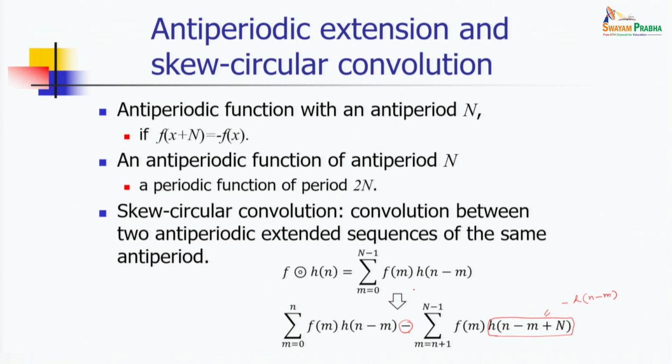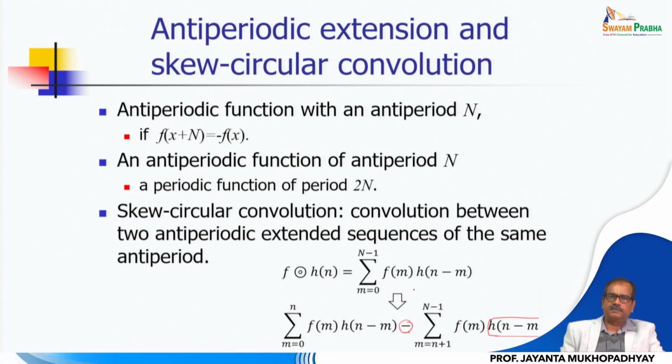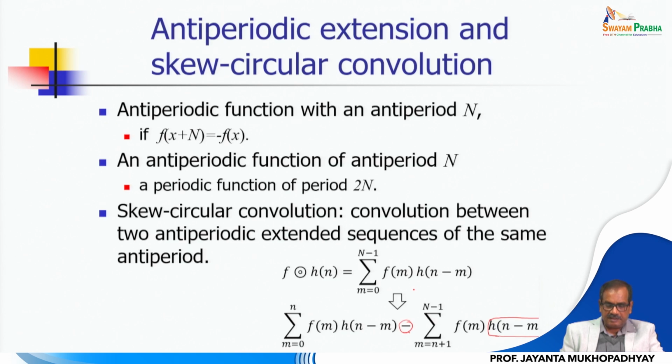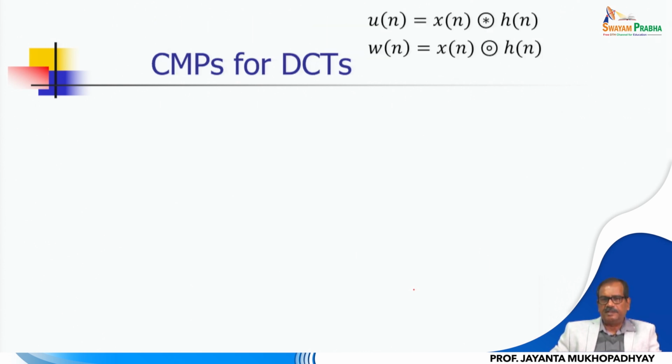So, for antiperiodic signals and the skew circular convolution, the convolution multiplication property once again holds in this form. We can see that for some of the transformations the convolution multiplication property holds for skew circular convolution. So, let me elaborate this part.